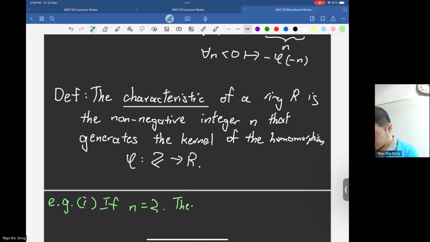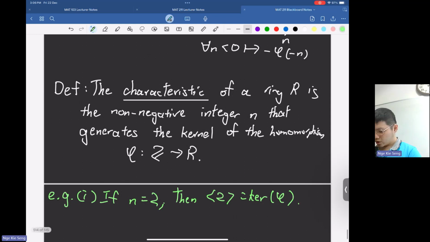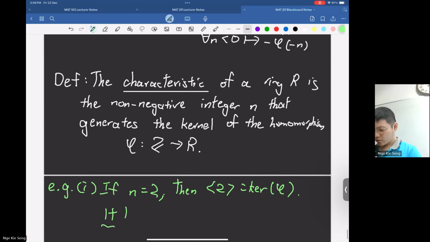Then this 2 will generate the kernel of phi. Meaning, to have this homomorphism work, 1 plus 1, 2 times, equals 0 in your ring.